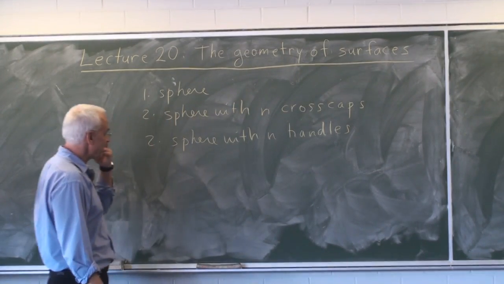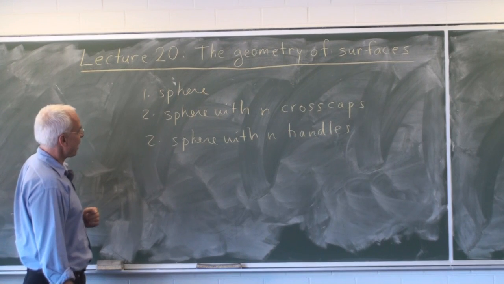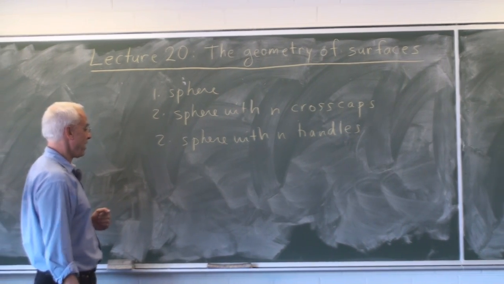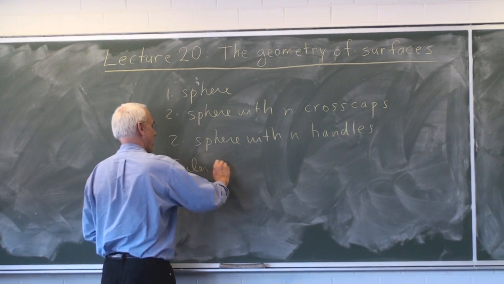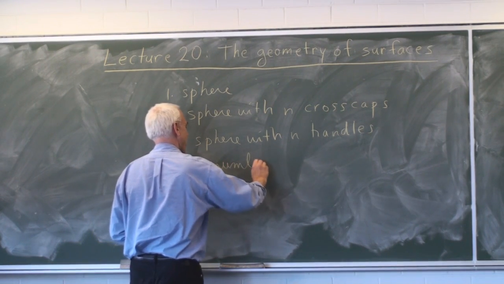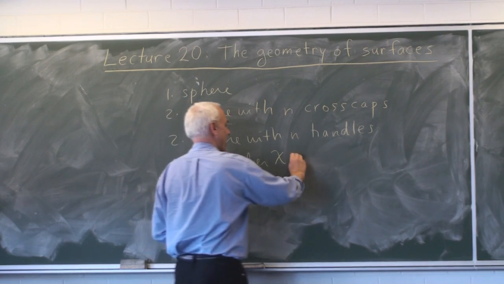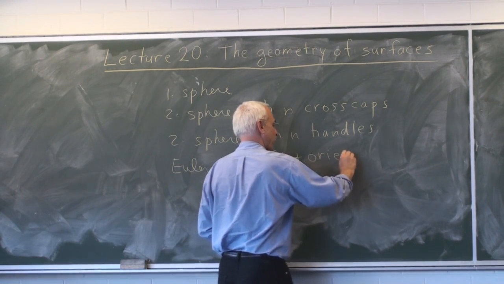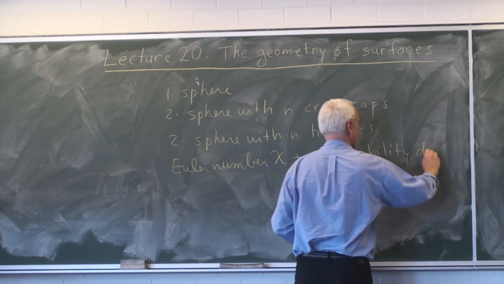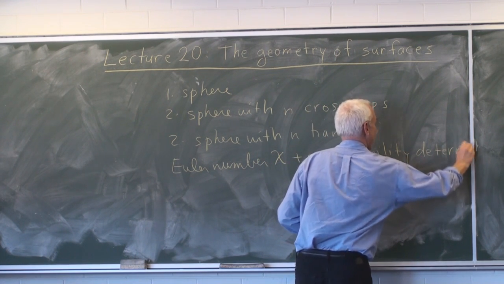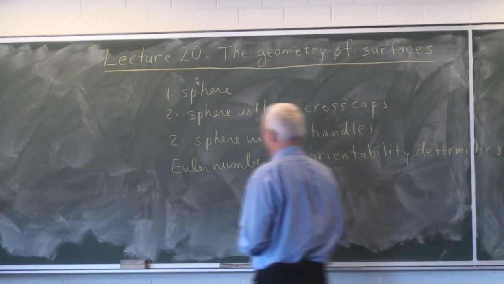And it's a very nice list, and it's sort of characterized by the Euler number and orientability. So the Euler number chi plus the orientability of the surface determines the surface.